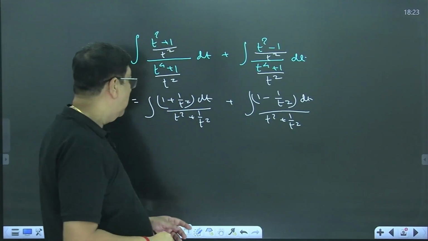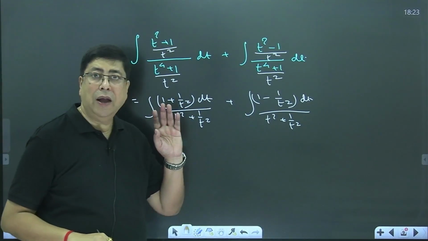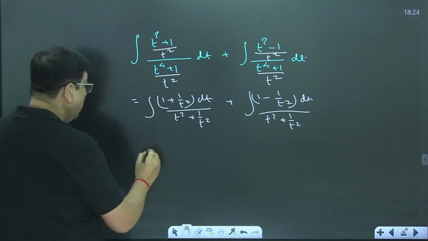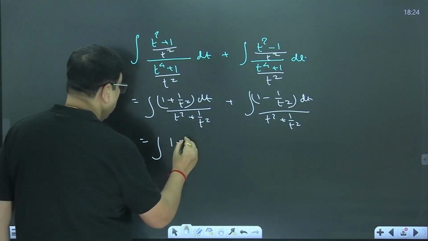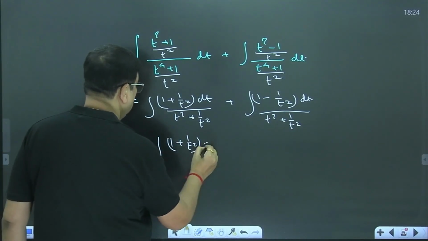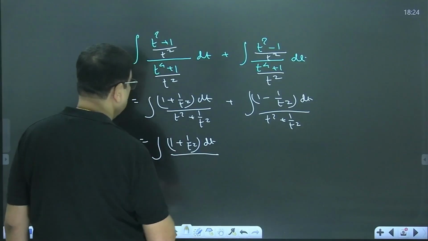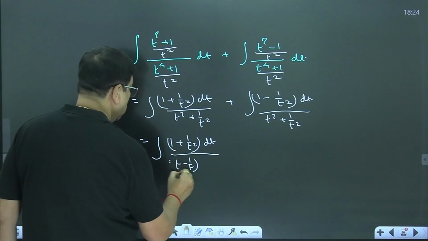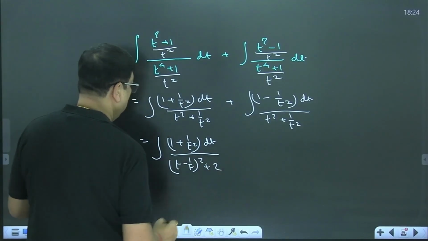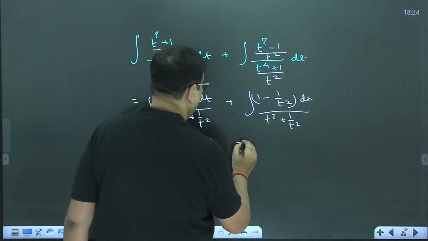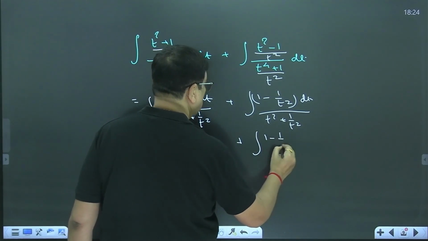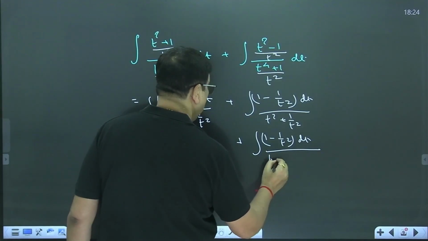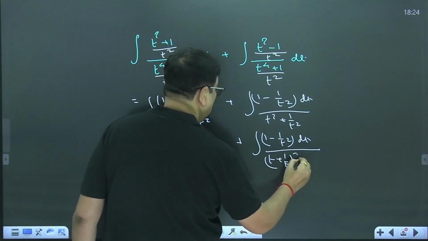Right? Now what will we do? Whose derivative is the numerator? Accordingly, we will rearrange the denominator. Let us integrate the numerator. And everyone remember one thing, differentiation knowledge is very important. So (t minus 1 by t) whole square plus 2 plus 1 minus 1 by t square dt, that is (a plus b) whole square minus 2ab.